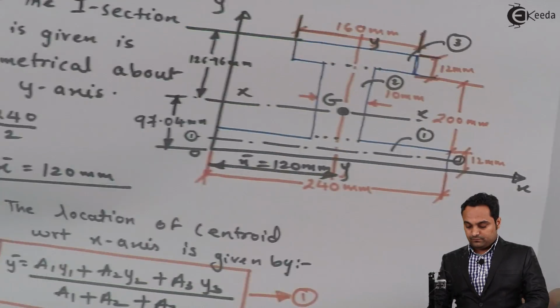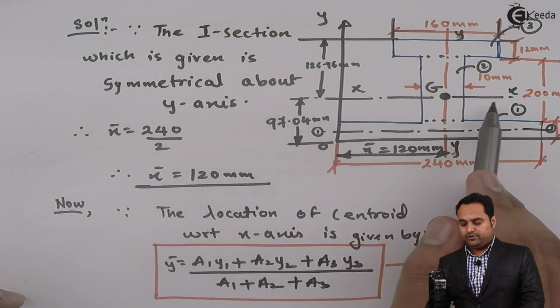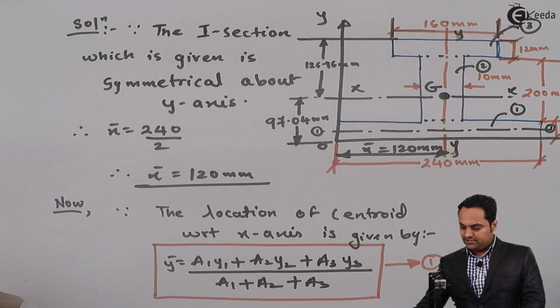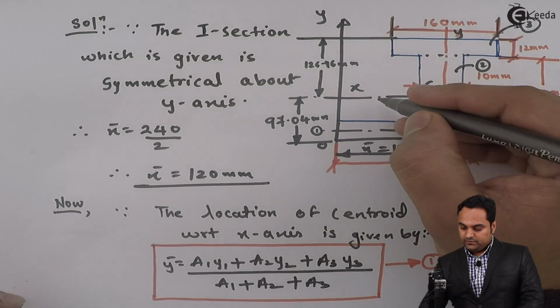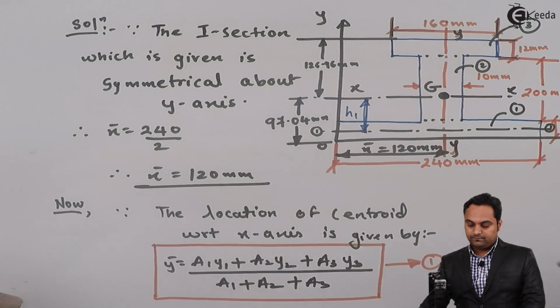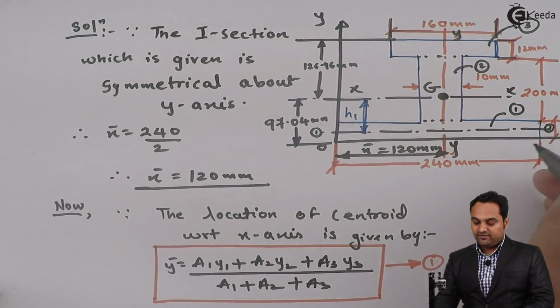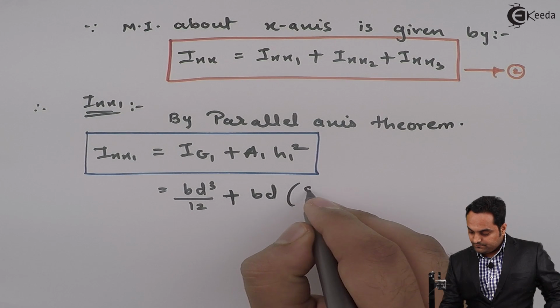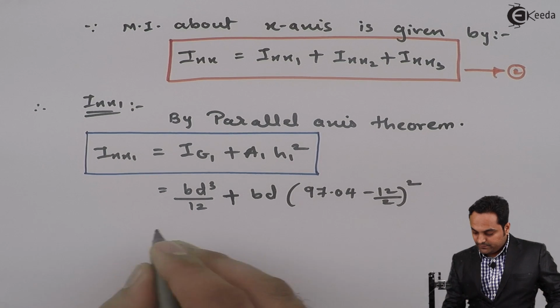Now H1. H1 is the distance between the x-axis of centroid for the unsymmetrical I section and the x-axis of rectangle number 1. So this distance is H1. So here H1 will be 97.04 minus half of 12 square.